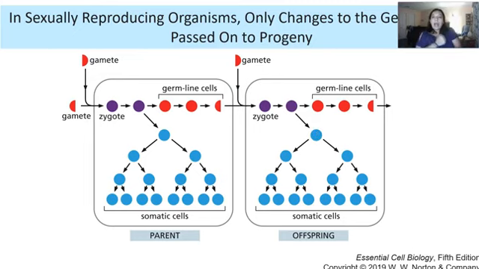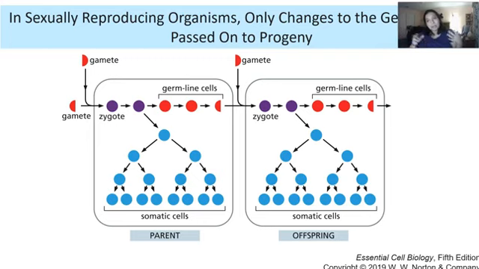So how do these happen, or many of these happen? Well, in sexually reproducing organisms, the only mutations that matter are changes to the germline, to the actual germ cells, because they are the ones responsible for creating the eggs and sperm, the final sex cells that are going to make the next generation.